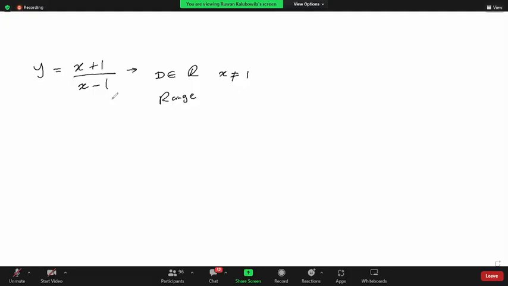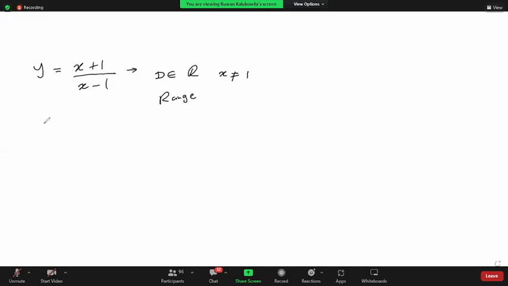So I will do something special. Here x is what we call the dependent variable, and y is the independent variable. So here we solve out the x in this equation.